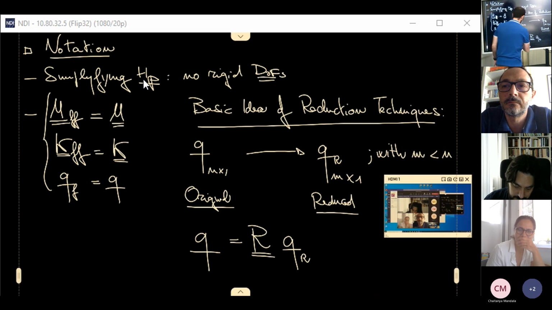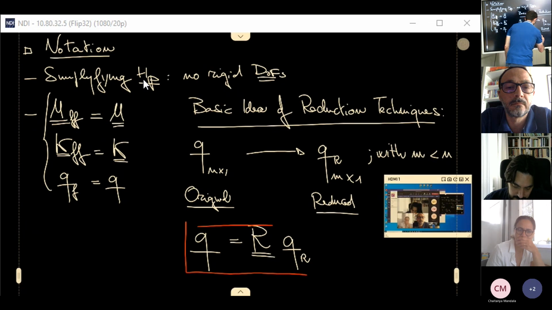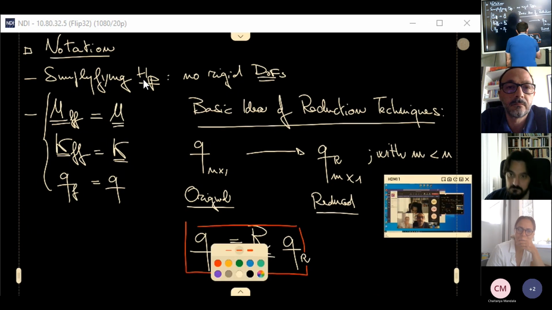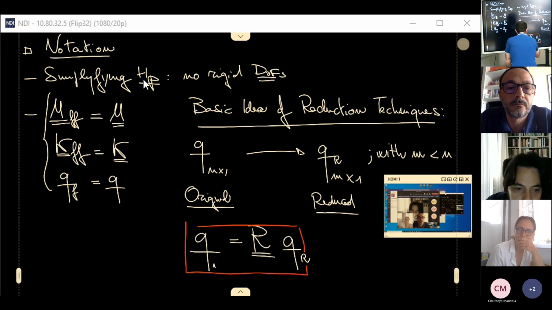Okay? So we are going to search for a linear relationship, as you can see, because this is a matrix, in which we can reduce the number of the nodal coordinates from n to m through the use of a matrix. So this is going to be an n times 1.